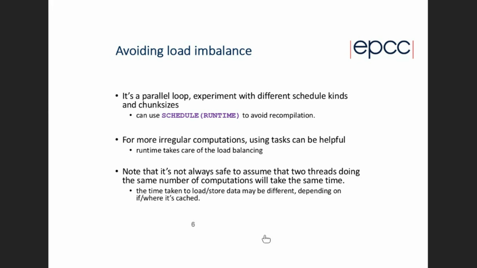So just because by inspecting the code you can see that all your threads appear to be executing the same number of loop iterations, and each loop iteration has the same statements in it, that doesn't guarantee that all the threads are going to take the same amount of time, because what you don't see in the code is the cost of the data accesses that are happening.